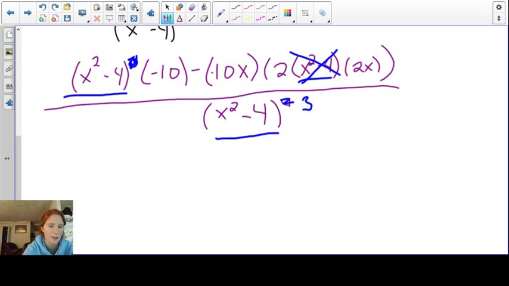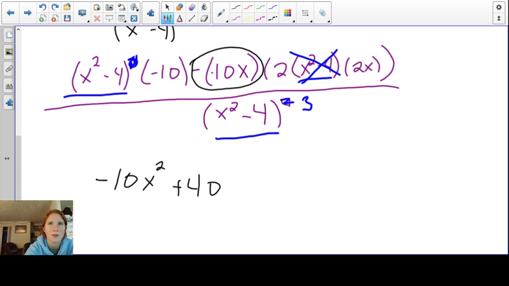So I have negative 10 x squared plus 40. Now, I have negative 10 times a negative 1, which gives me positive 10. So I have 10x times 2, which is 20x, times 2x, which is positive 40x squared.